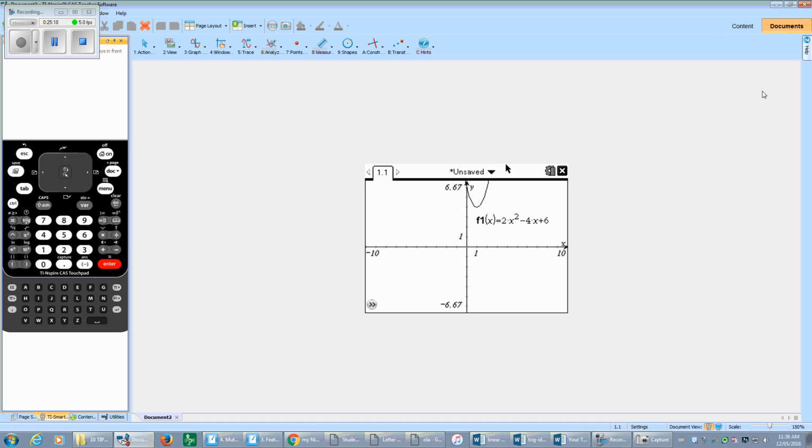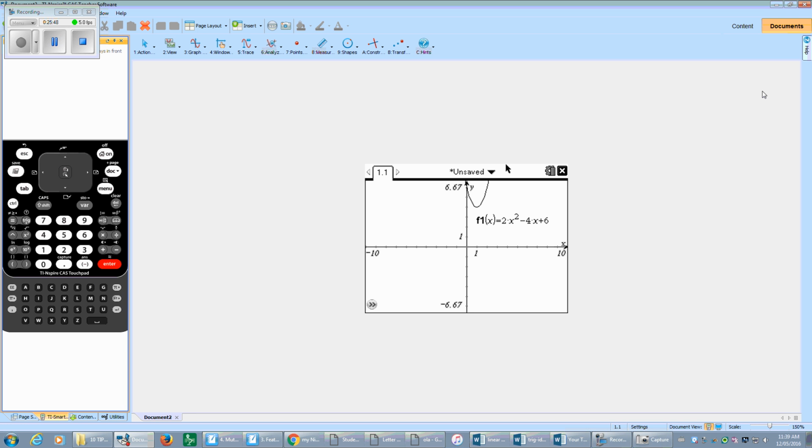Minus 4x. Plus 6. And then enter. Okay, are we okay? Did you get it? Does anybody else not have this picture up? Because I'm moving on to the next step. You are going to have to do this on your own.